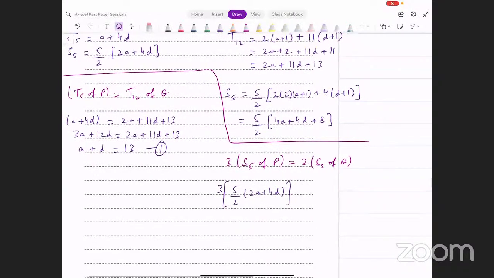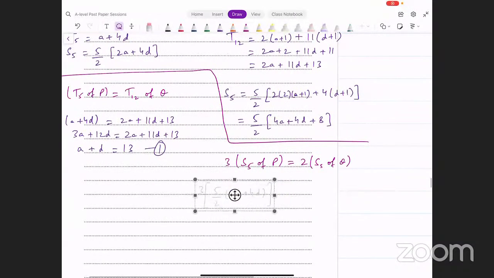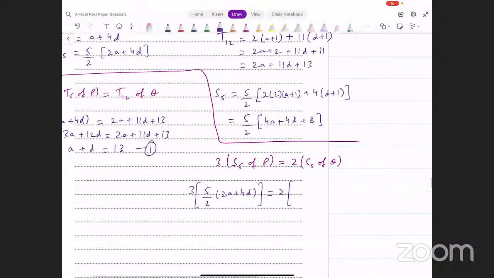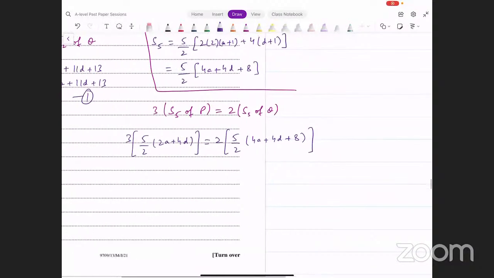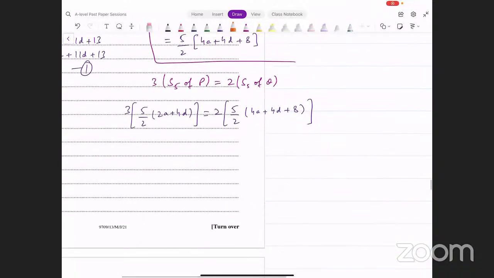Achha. What do we have on the right side now? On the right side, we have 2 into sum of 5. So sum of the 5 terms of Q, that's going to be 5 over 2 into 4A plus 4D plus 8. ठीक है, अब दोनों साइड पे देखें 5/2 कॉमन है, इसको आप कैंसिल कर दें पूरे को.